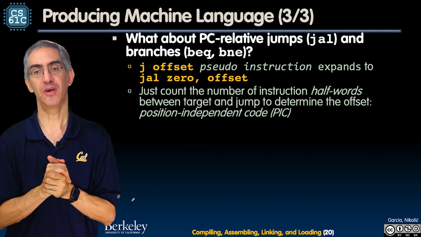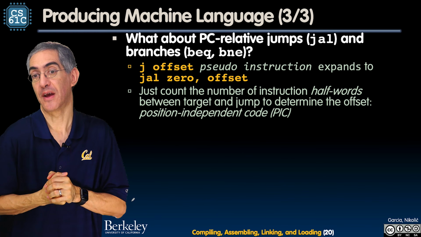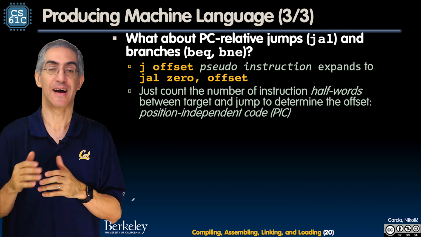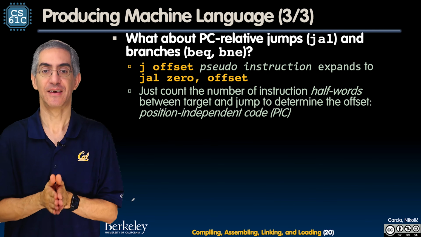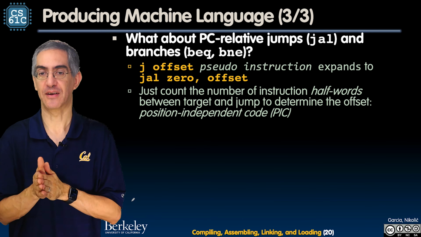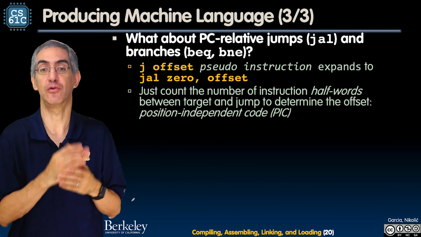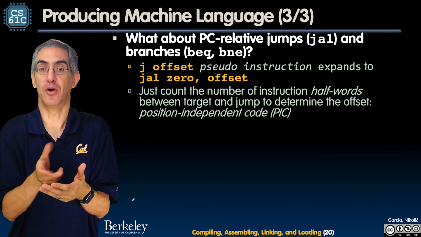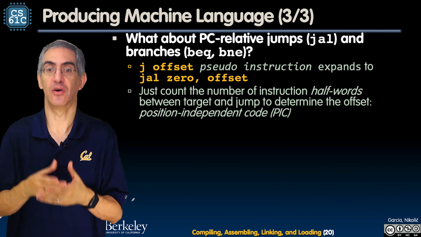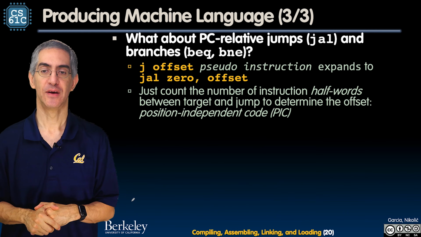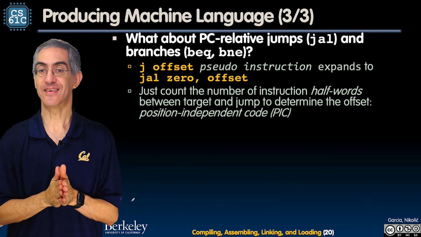How about this one? What about PC relative jumps and branches? So here's jump offset. If I say jump to this offset, it's a pseudo instruction. It actually expands to jump and link 0, write something to 0, it doesn't change it at all, and to that offset, okay? So again, this is great.